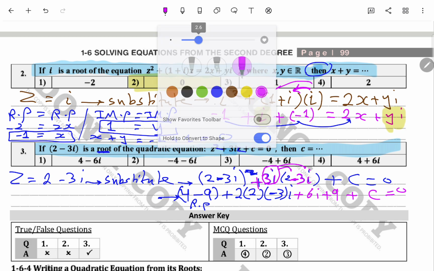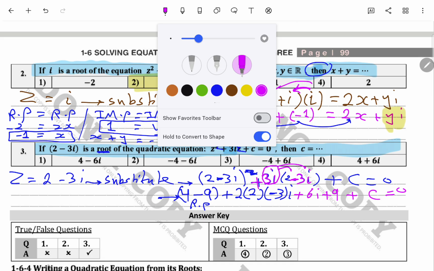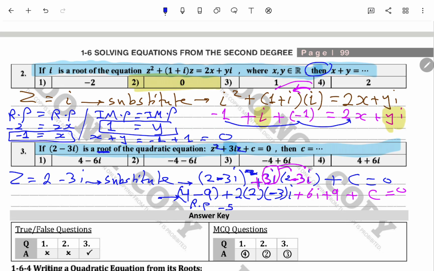We need now to evaluate as much as possible and try to find the value of c. 4 minus 9 is negative 5. Negative 5 plus 2 times 2 is 4, times negative 3 is negative 12 with i.